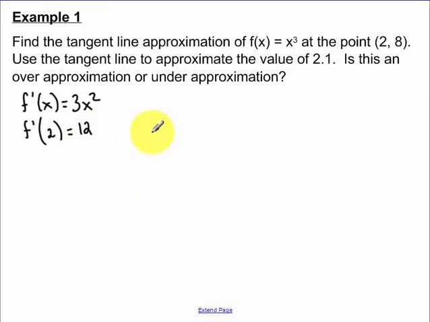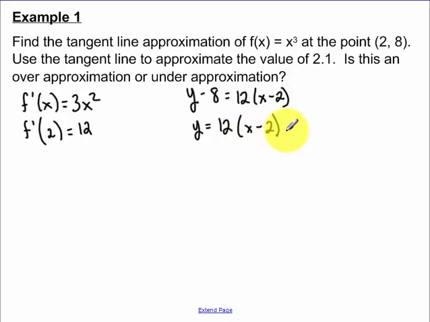So my equation of my tangent line is y minus 8 is equal to my slope, which was 12, times (x minus 2). I'm not going to simplify, but I'm going to add that 8 over, because this is our approximation of our function values around this point, x equals 2.